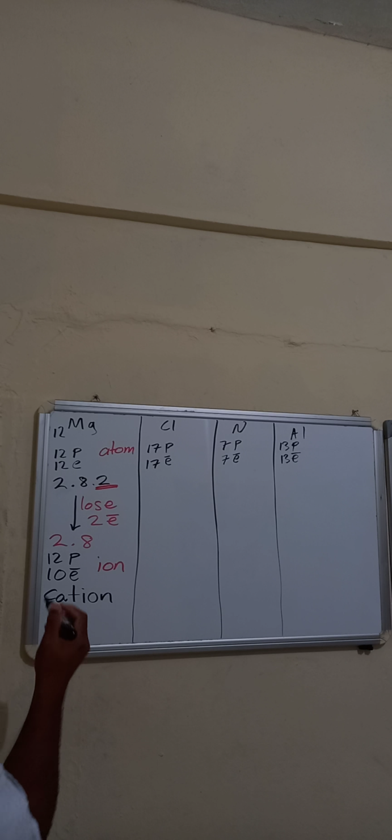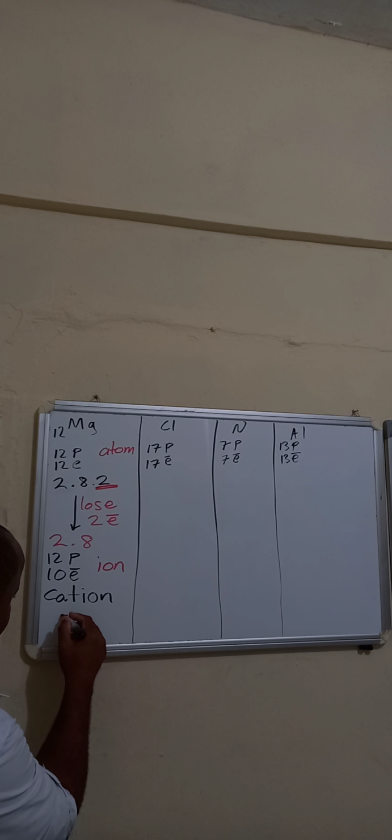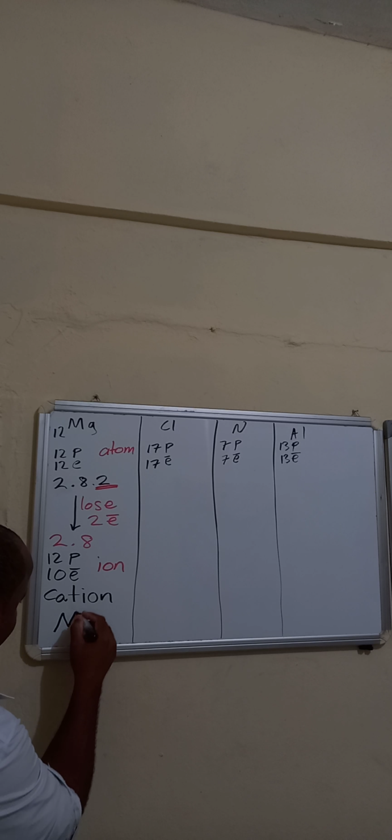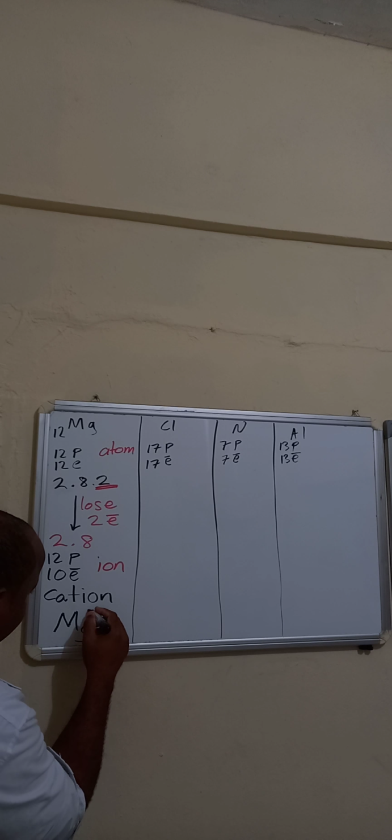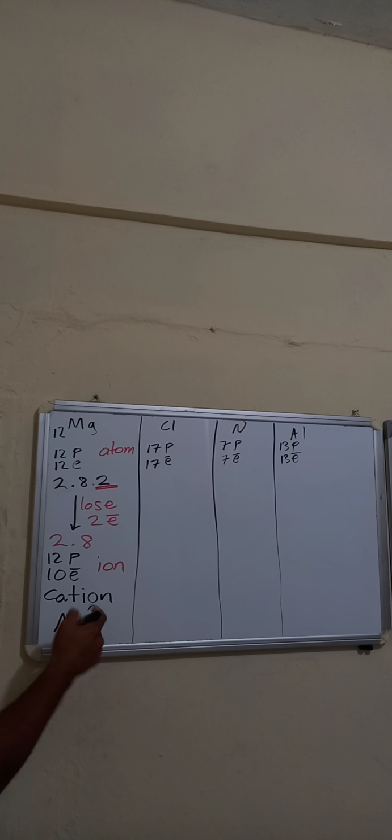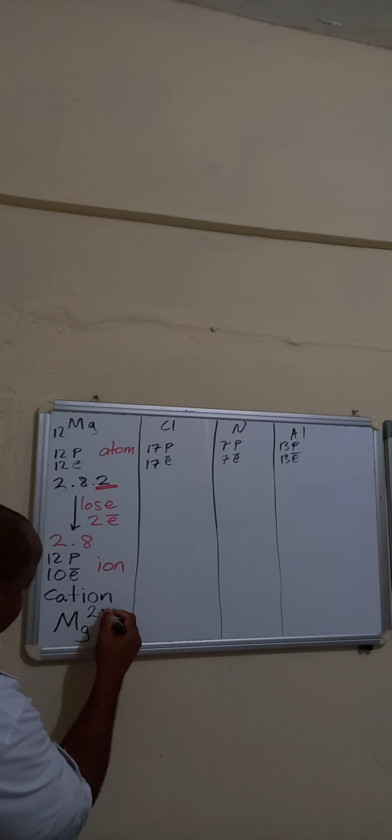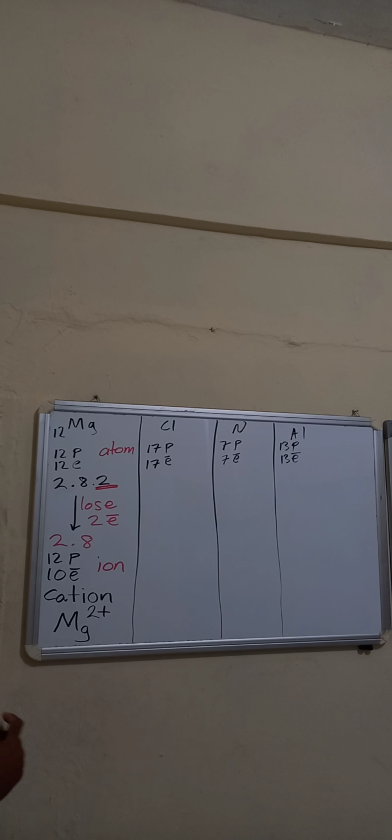So for the magnesium ion, you write the symbol Mg, and then the extra protons, how many extra protons do we have? 2. You put it at the top right-hand corner. And remember, protons are positive charges, so it is 2 plus.